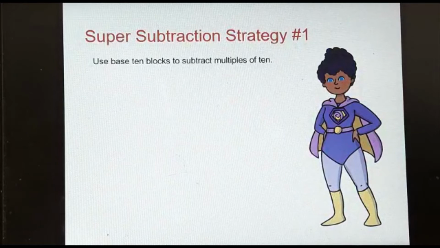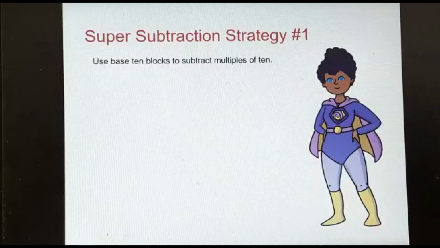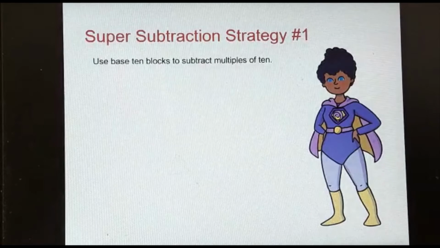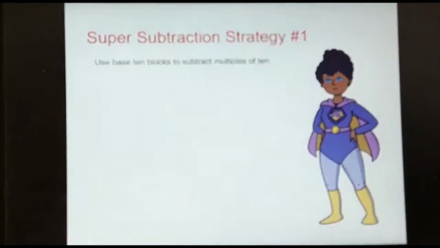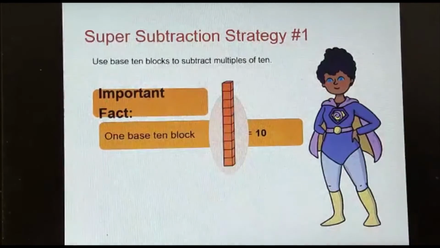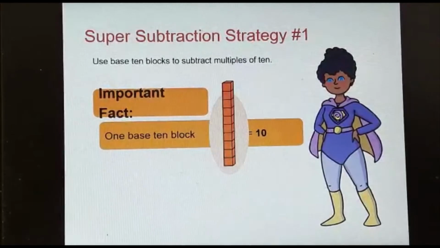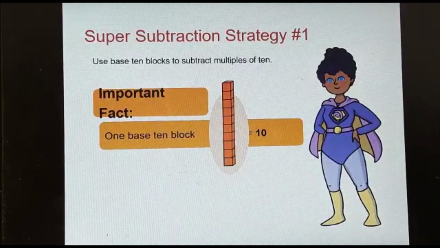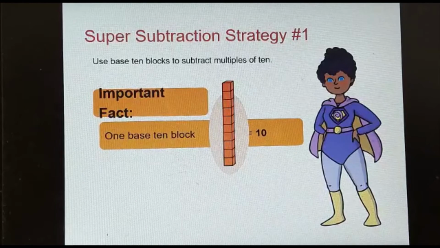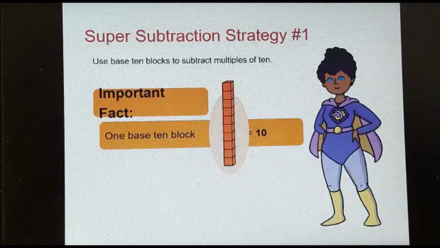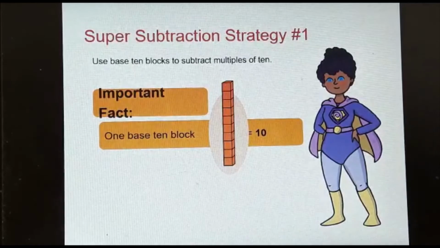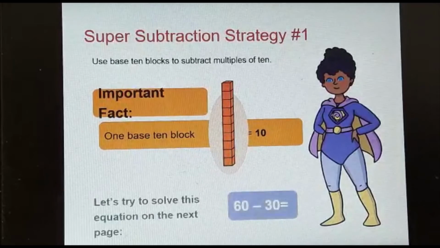Let's go to number 1 strategy now. The first strategy that we will use is using base 10 blocks to subtract multiples of 10. Now, here comes an important fact, which is 1 base 10 block is equal to 10. That means when we combine 1, 1, 1, which will be 10 ones, then it will make 1 base 10 block.